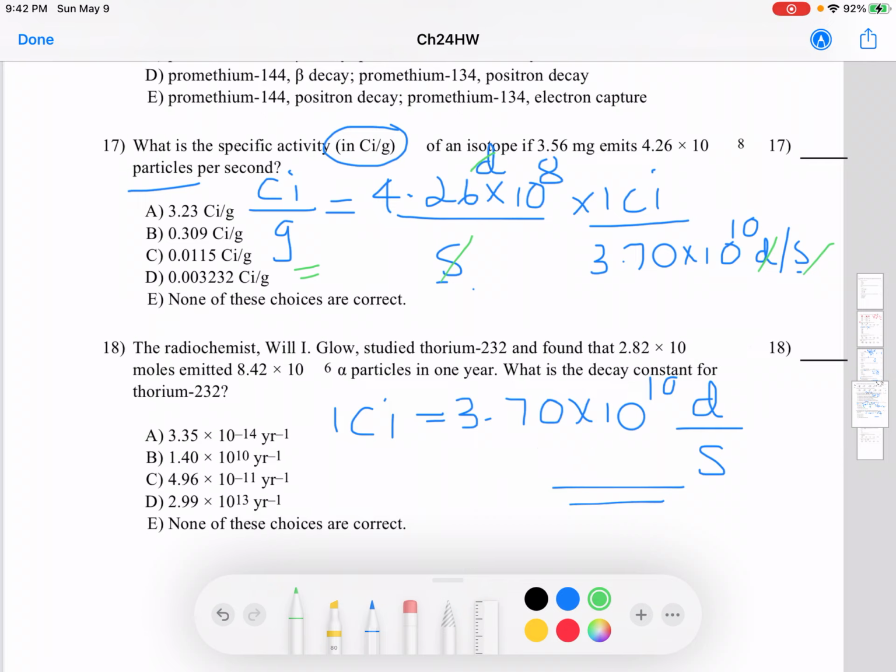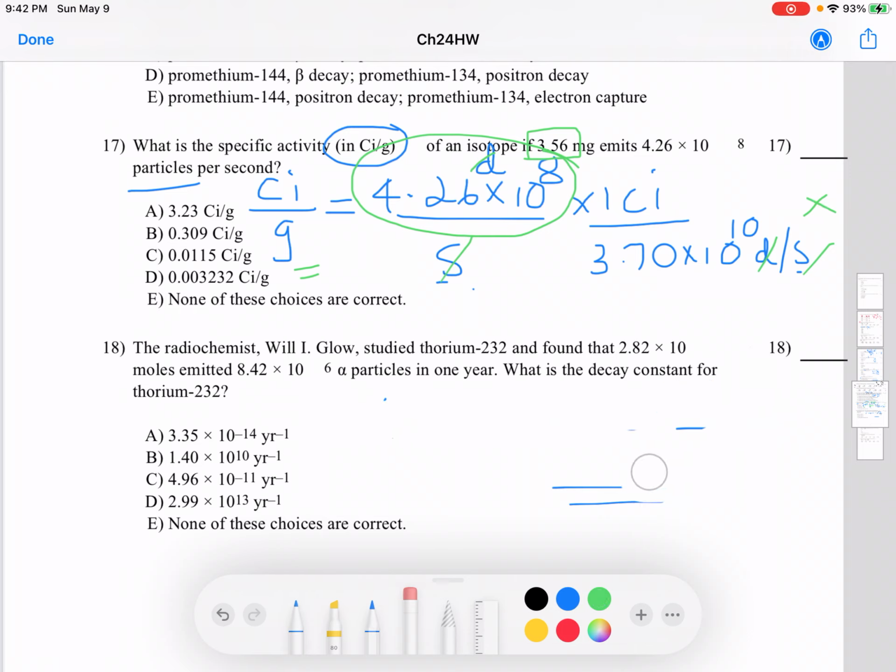Now we need to convert to grams. It says 3.56 milligrams. So 3.56 milligrams emits 4.26. So this much radiation is emitted by 3.56 milligrams. So we continue this unit conversion times. I'm going to go ahead and erase this part.